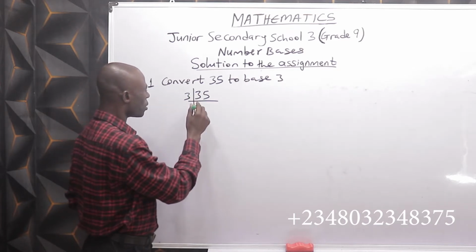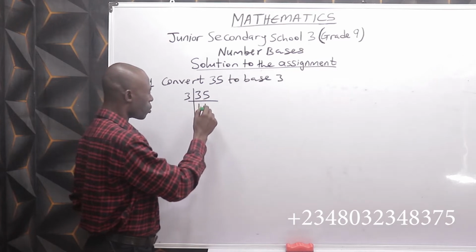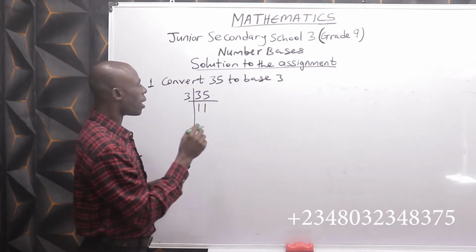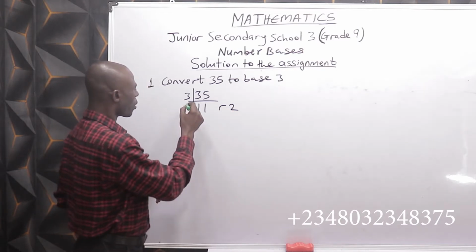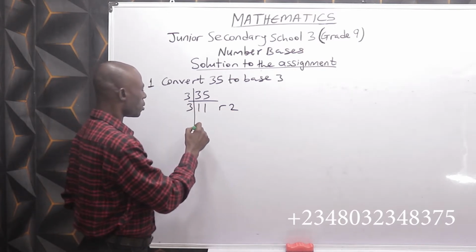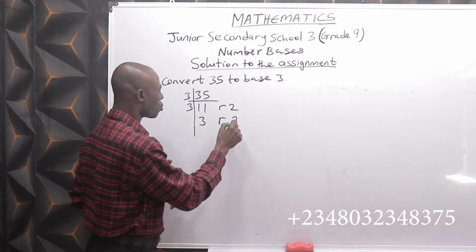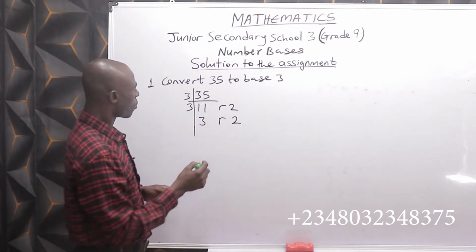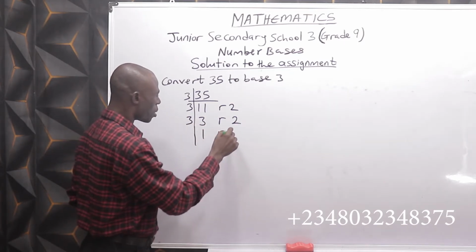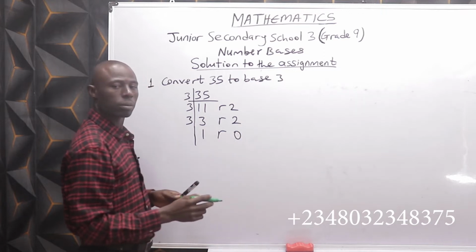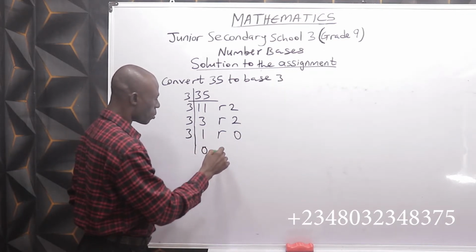3 in 3 is 1, 3 in 5 is 1, remainder 2. 3 in 11, we have 3, that gives remainder 2 as well. 3 in 3 is 1, remainder 0. 3 in 1 is 0.